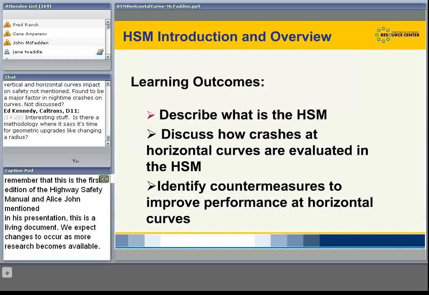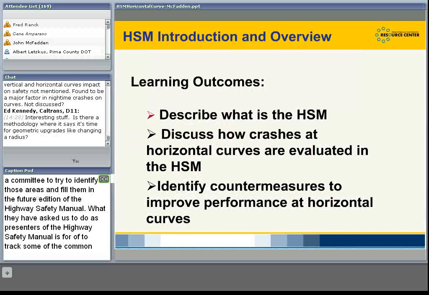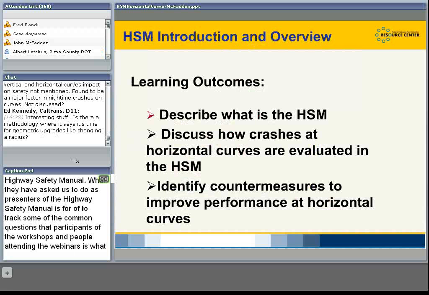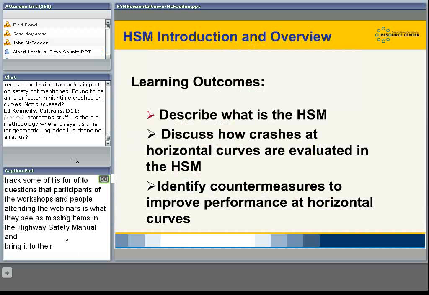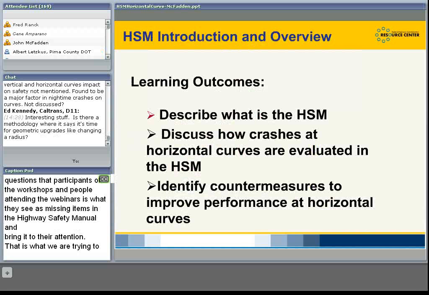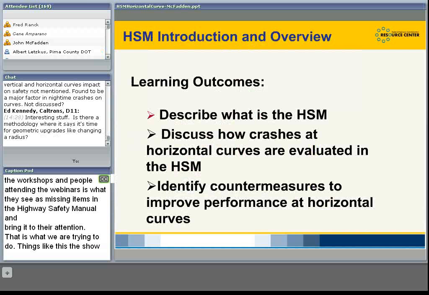We received a lot of questions regarding why isn't there a CMF for different things, such as pavement surface and some other items. We have to remember that this is just the first edition of the Highway Safety Manual, and as John mentioned in his presentation, it is considered a living document, so we expect changes to occur as more research becomes available.